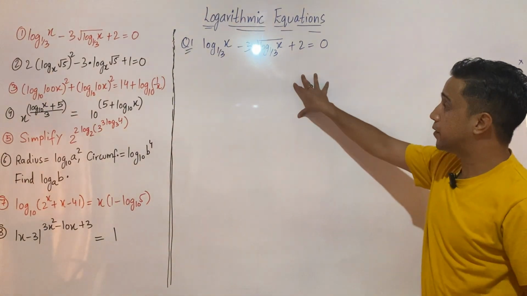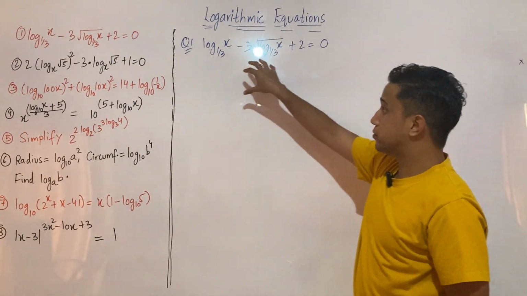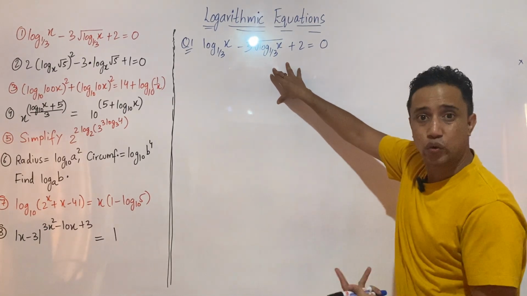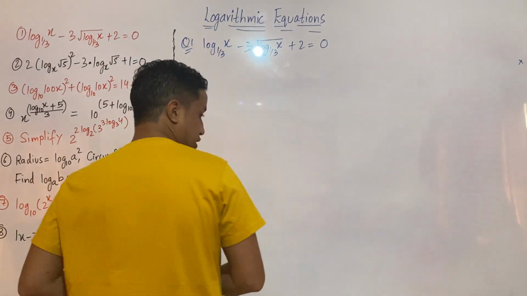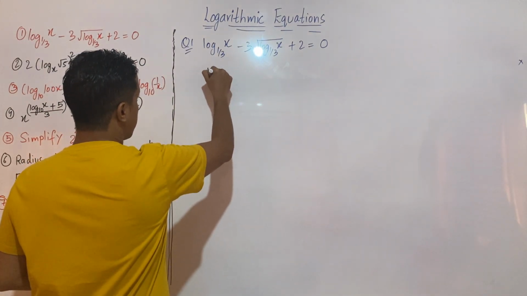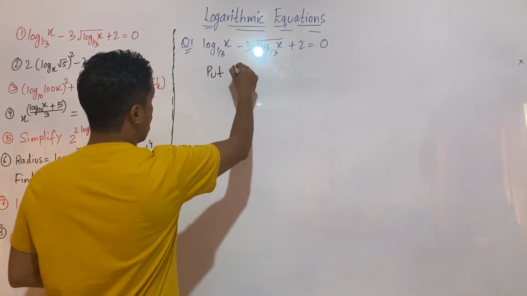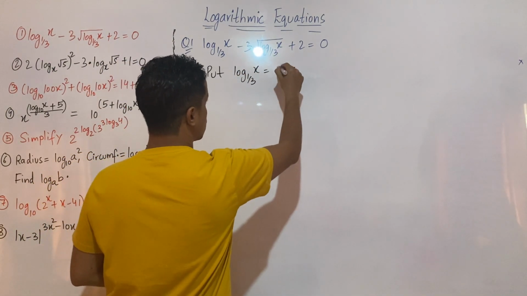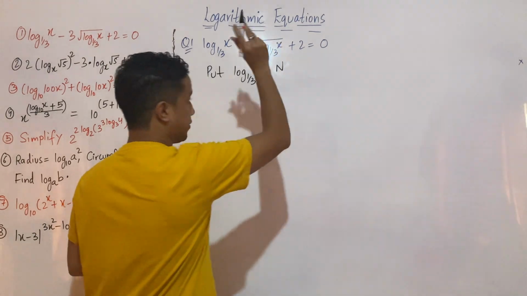So here this term seems a bit complex, so in order to make it look easier, what I can do is put log x to the base 1 by 3 equals n.